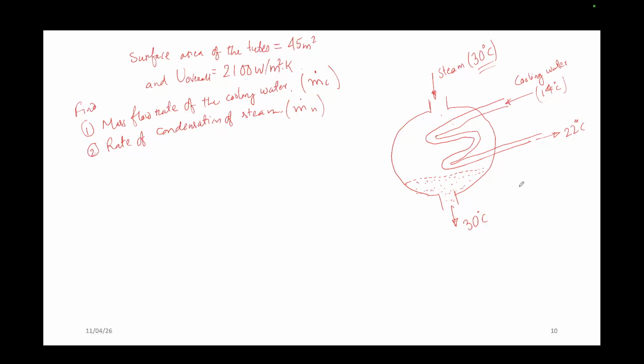I'm giving it; in the question, most probably they will not. The cp of water is 4200 joules per kg Kelvin. Is the question clear or not? Please let me know.